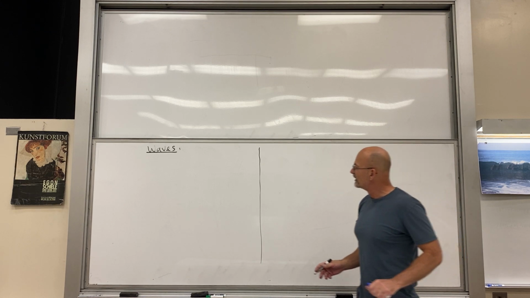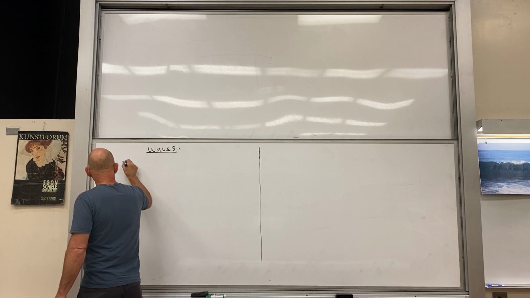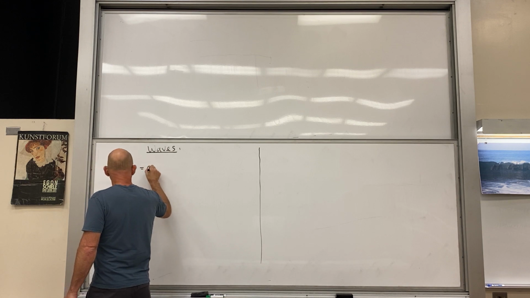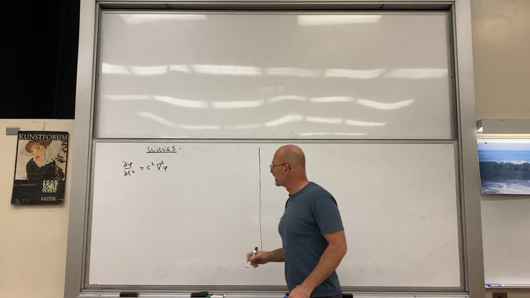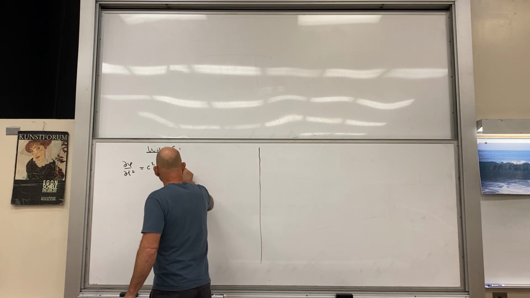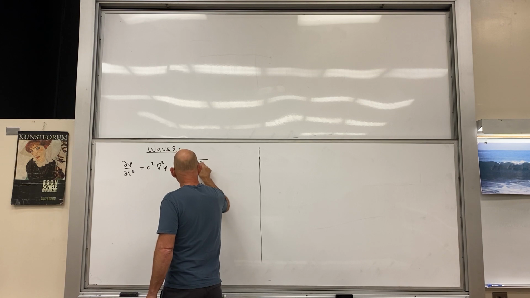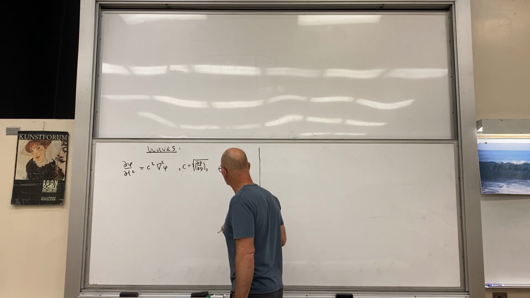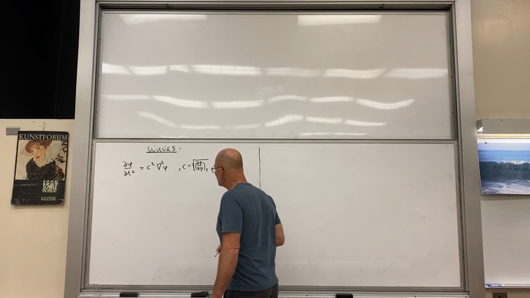So with waves, we have the following situation. We have a wave equation in 3 dimensions, say. C is the square root of dp d rho at constant entropy, but more to the point, it's a function of position.